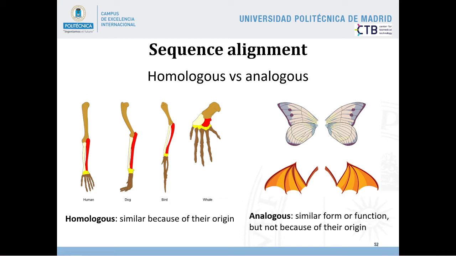And analogous is another term that we use to refer to those parts of the anatomy, for example, that are very similar in function, as you can see the wings here of the butterfly and in the bat, but they are not similar in their origin. Okay, they come from very different morphological parts of the original ancestor.